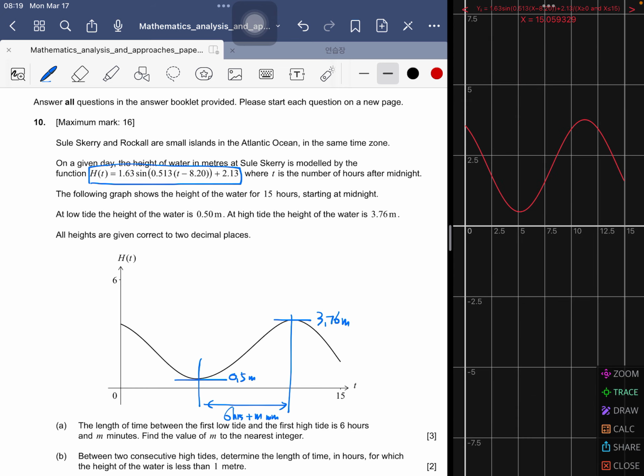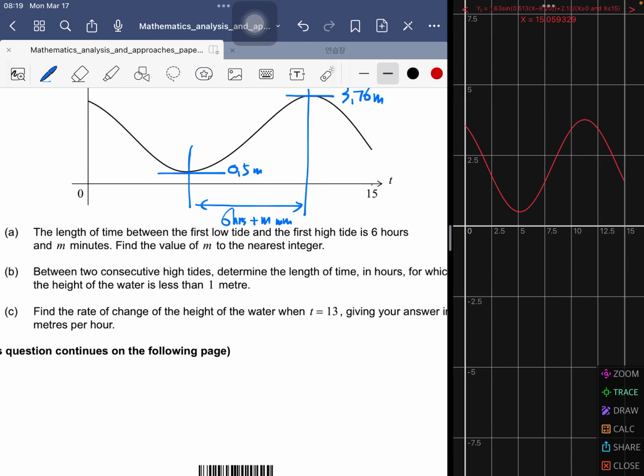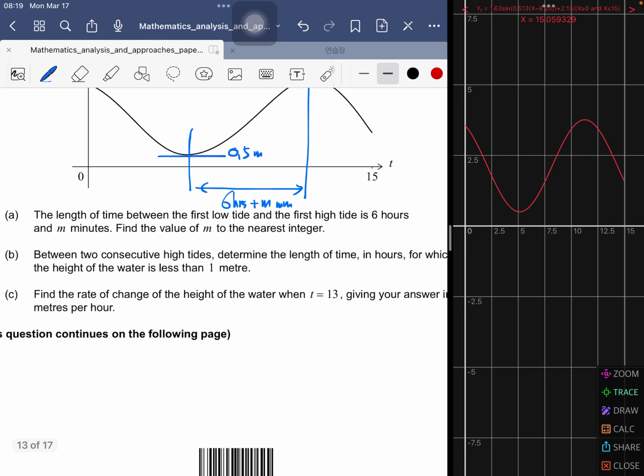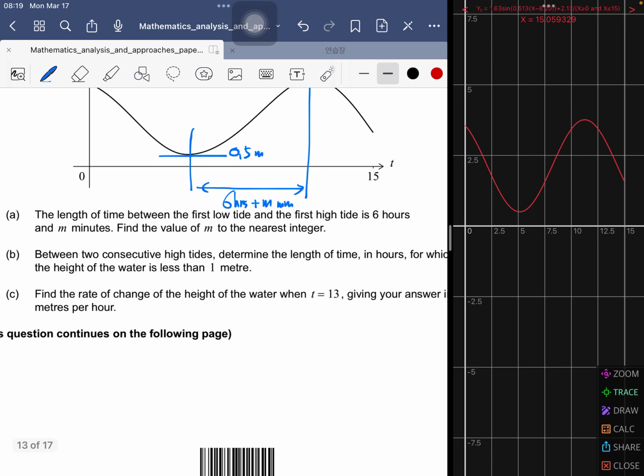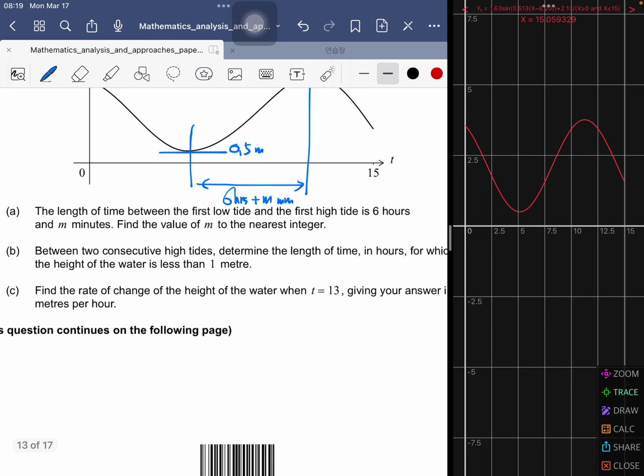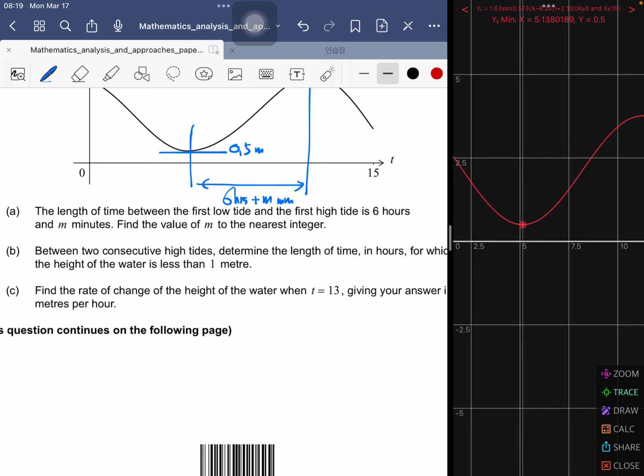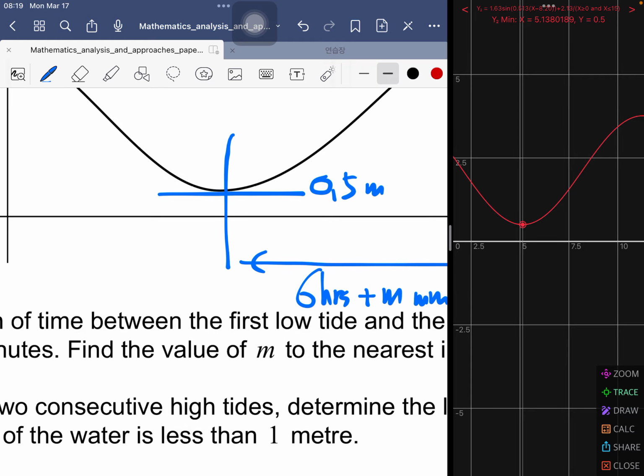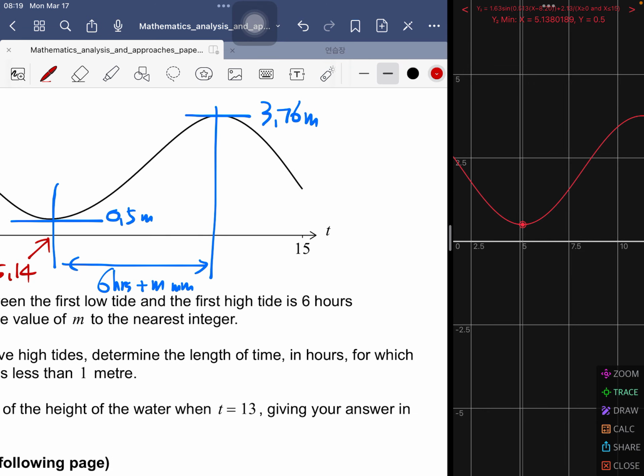Okay, and then the length of time between the first low tide and the first high tide is 6 hours. So we need to find the value of x from the lowest value over here. Here it says x equals 5.1385. You can say 5.14. So this point over here, x value right here, is 5.14, to the x value over here.